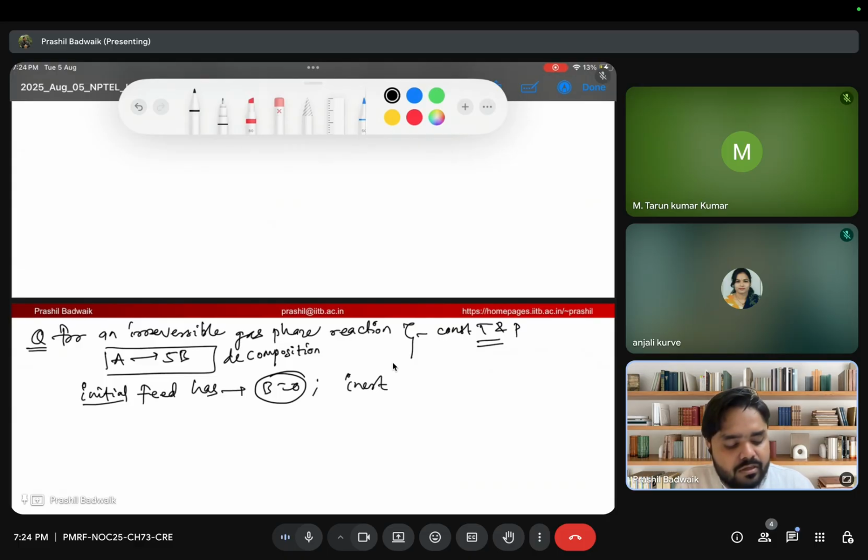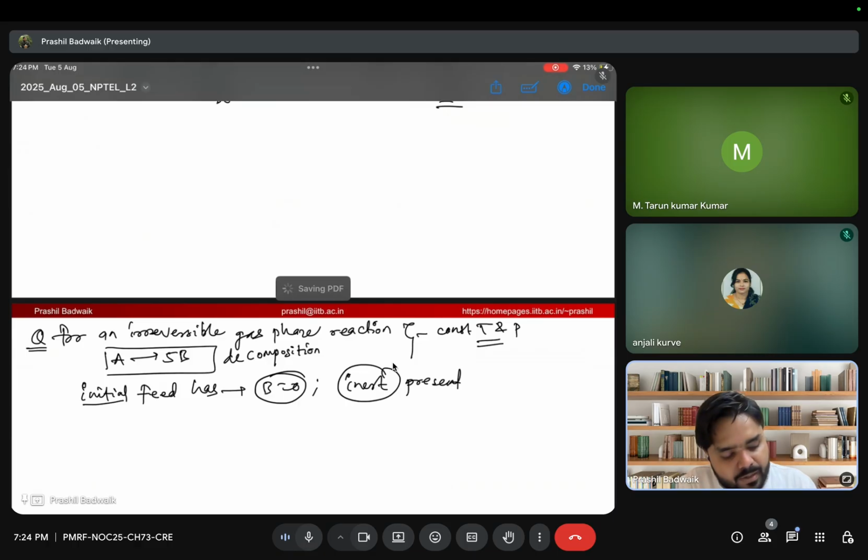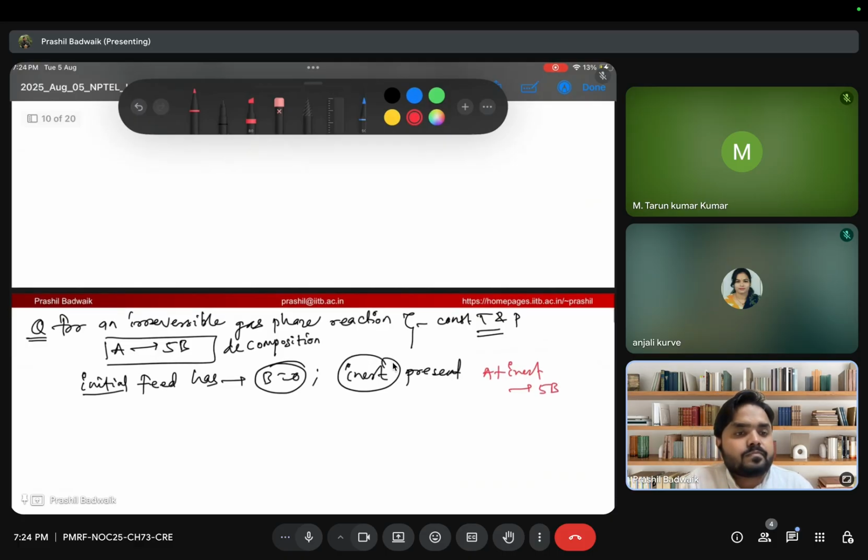However, there is inert present in the system, that means A plus inert, which are not reacting but present. A plus inert is giving you 5B.